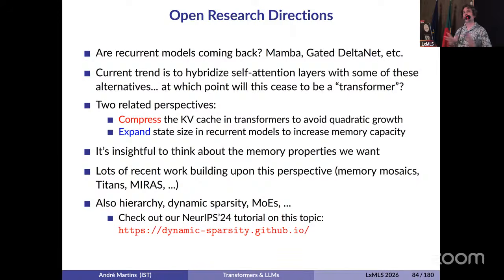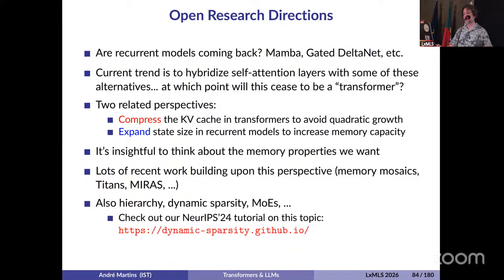So they want to expand the state size, making it dynamic as more tokens appear. Your memory should increase, but maybe not too much, because you don't want a quadratic bottleneck. And so these things will meet somewhere, right? Expanding the state size in current models or compressing the KV cache will meet in the middle. In general, it's insightful to think about what memory properties we want.